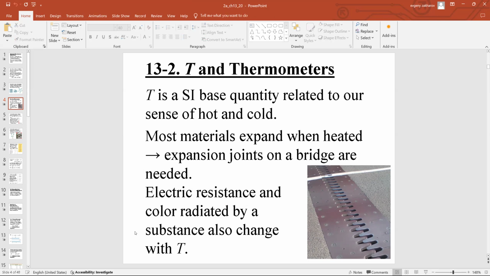So in astronomy, you point a telescope towards a certain star, and you can register different colors. Say some stars are blue, some stars are red, and blue stars would be hotter than the red ones. So color corresponds to temperature right away.